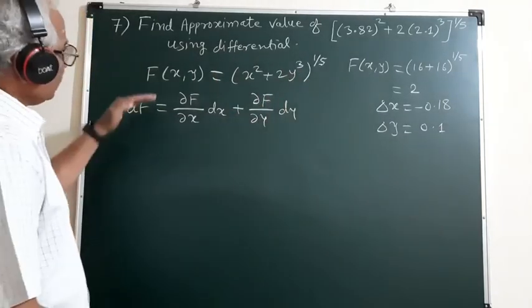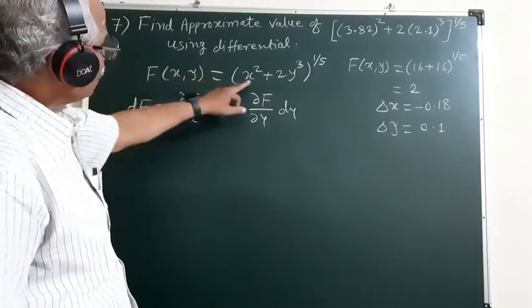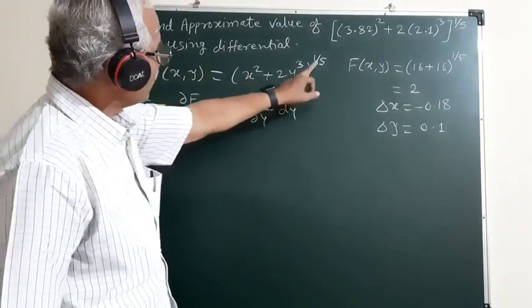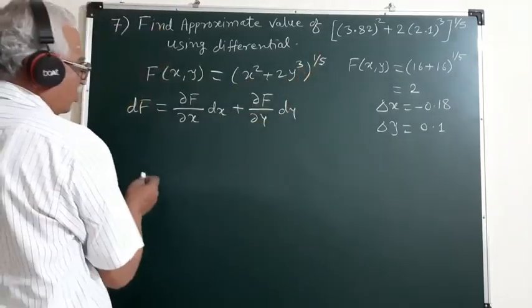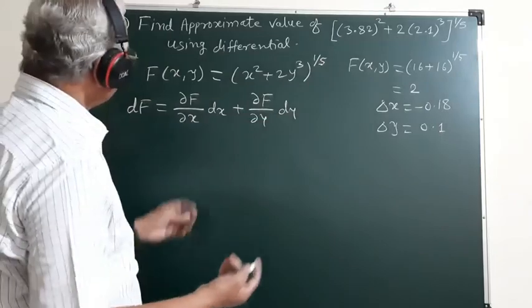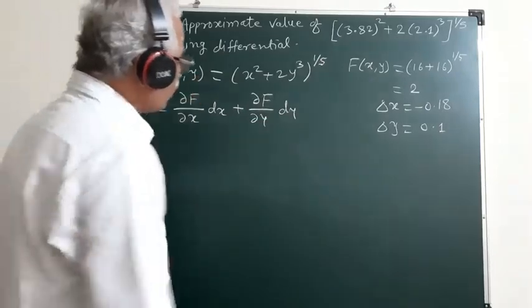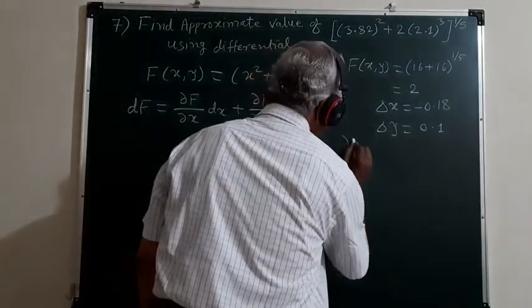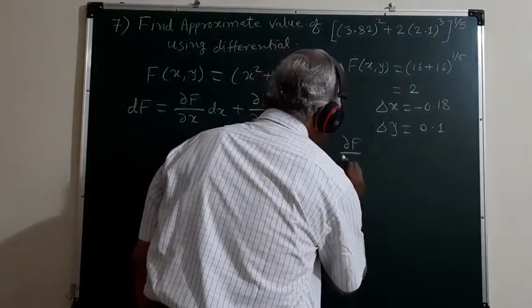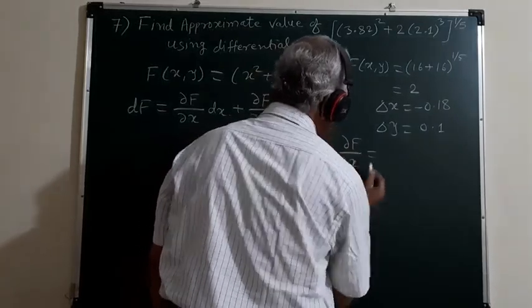So here we are given the function f equal to (x^2 + 2y^3) raised to 1/5. So we can obtain the expressions for dou f by dou x and dou f by dou y. So let us first obtain the partial derivative of f with respect to x.